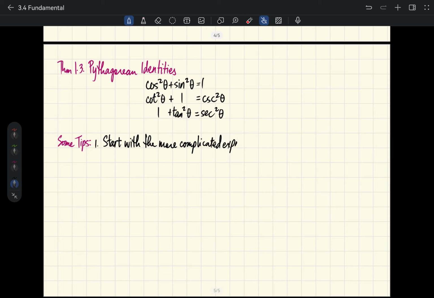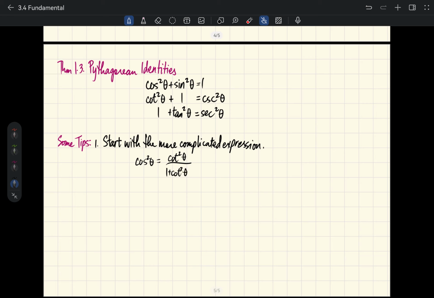So what do I mean? For example, you have the identity, let's say cosine squared theta equals cotangent squared theta all over 1 plus cotangent squared theta.